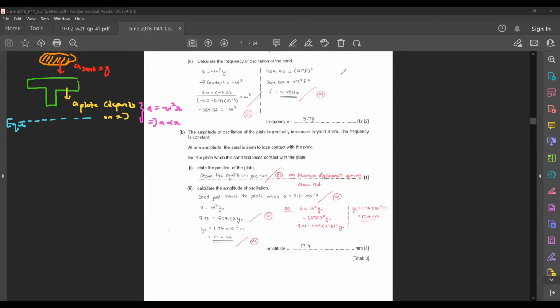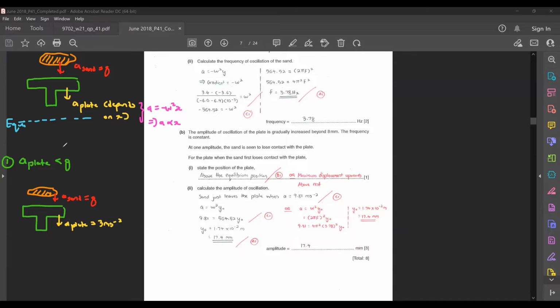So what happens then, if I mention a few cases to you, if the acceleration of your plate is less than g, what could then happen is this. For example, your plate right now is having an acceleration of, say, maybe 3 meters per second squared, but your sand is having an acceleration equal to g.